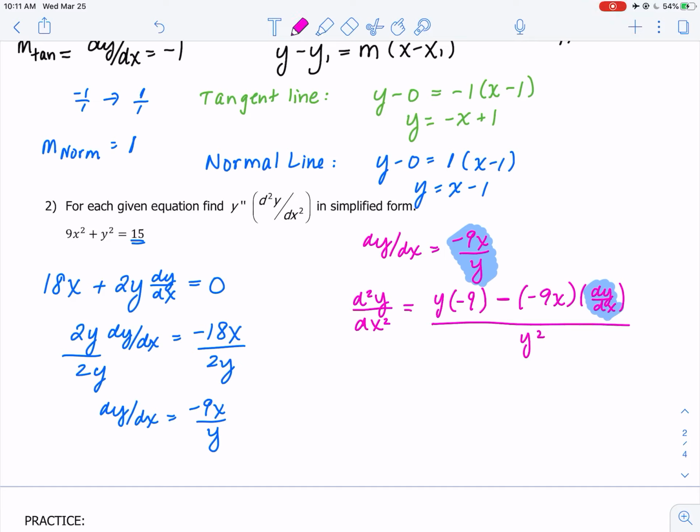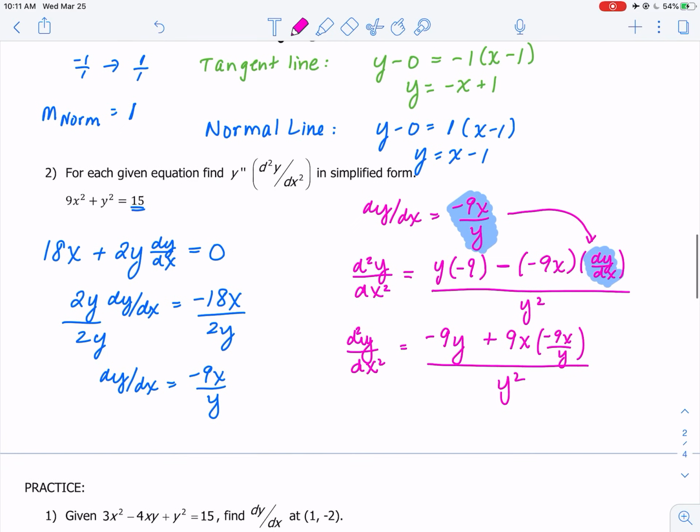So we just need to make a quick substitution and do some cleanup. That means that we have d squared y dx squared, the second derivative. That's going to be negative 9y, plus 9x, and we're going to multiply that by negative 9x over y. And that also will be over y squared.